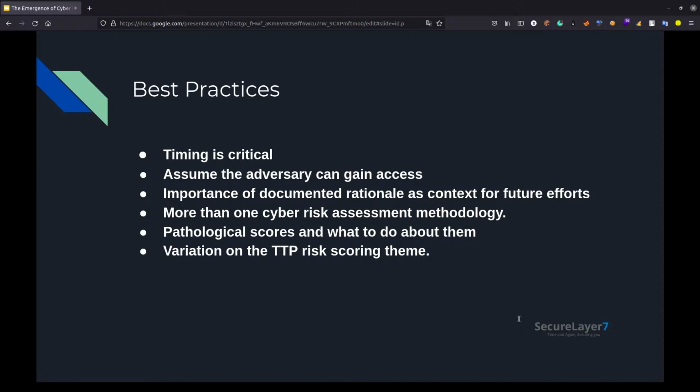It is important to record the rationale for eliminating candidate attacks from consideration, including assumptions made regarding the system security posture or security technical implementation guide. The next point is more than one cyber risk assessment methodology.